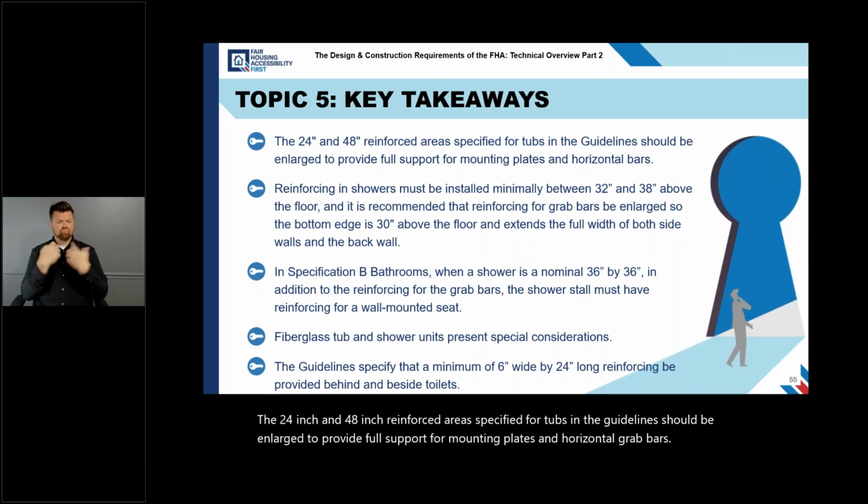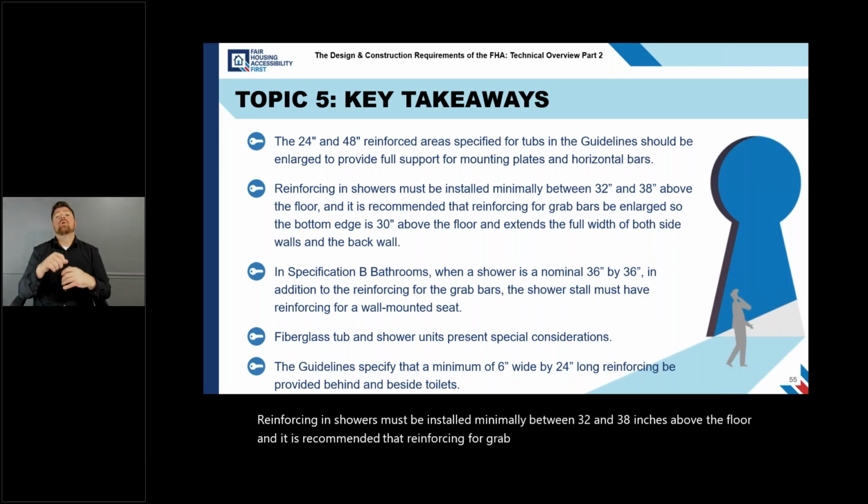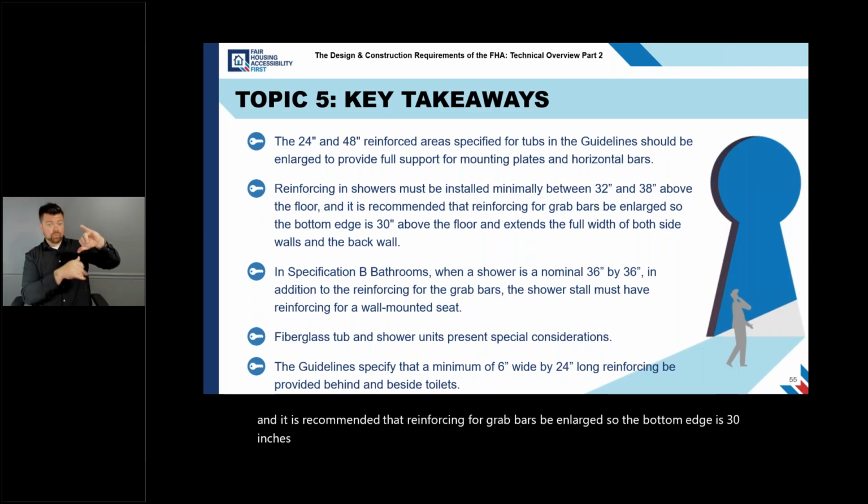Reinforcing in showers must be installed minimally between 32 and 38 inches above the floor. And it is recommended that reinforcing for grab bars be enlarged so the bottom edge is 30 inches above the floor and extends the full width of both side walls and the back wall.